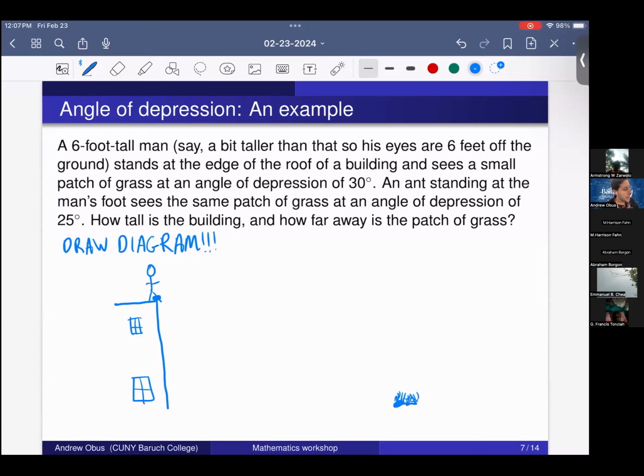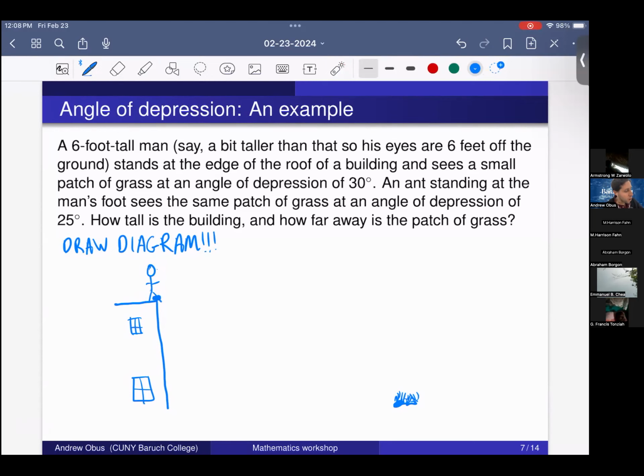Right, and so what do we have? Well, we have an angle of depression from the man when he's seeing something at an angle of depression. Usually we've been ignoring how tall the observers are, but for this question it matters. So he's 6 feet tall, so his eyes are 6 feet above the building, right?